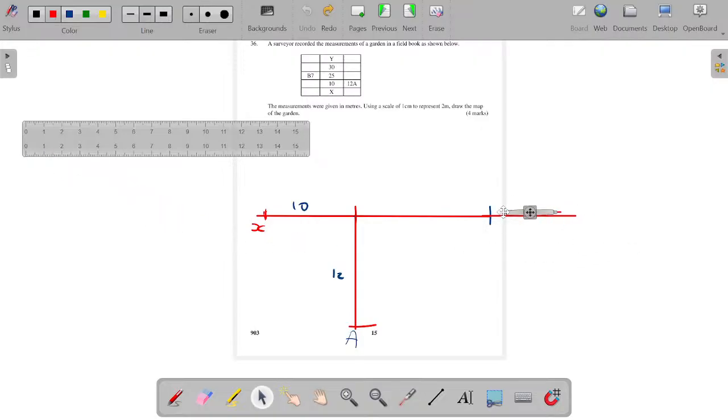So do that. Then at the top here, you will have something, just a bit.